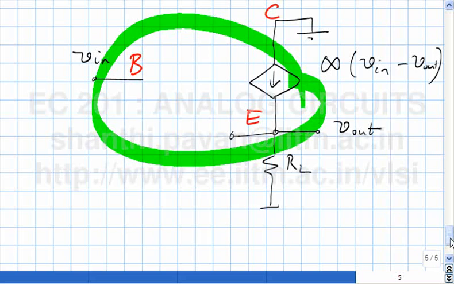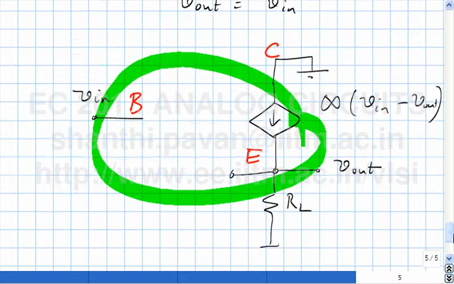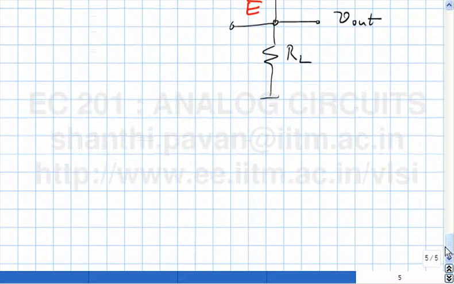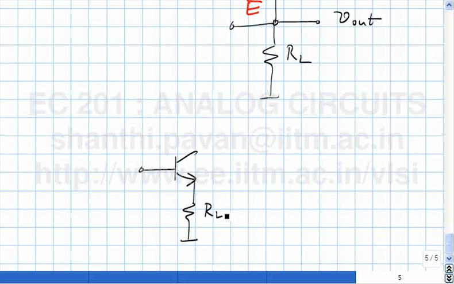You understand? So topologically, the incremental equivalent circuit looks like this. This is Vi, this is Vo.